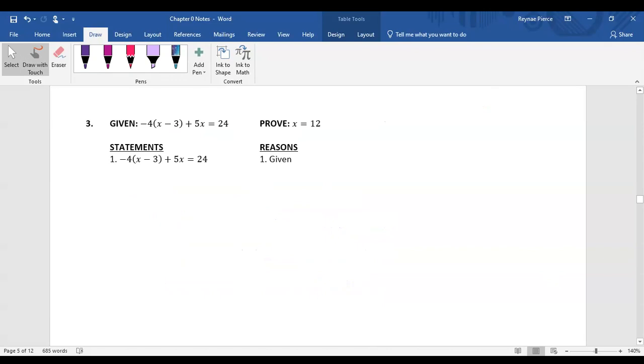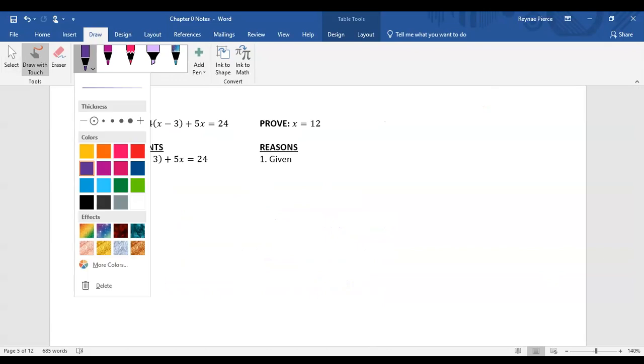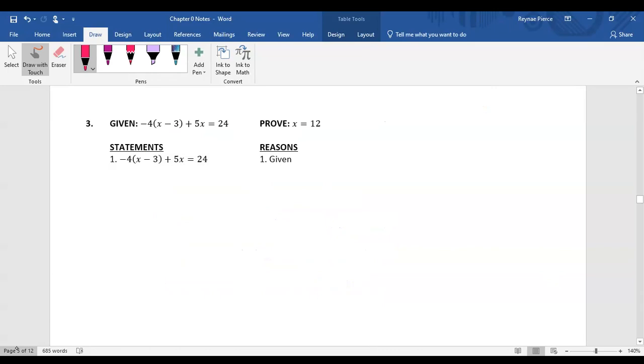Here's another one. Again, this entire piece here that we're given is our first statement. That first reason is given.